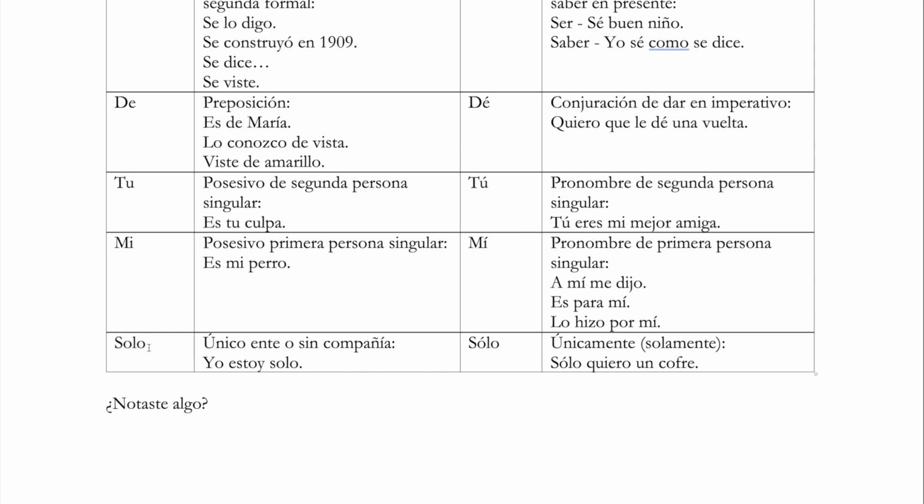So if I were to say, for example, estoy solo con María. I emphasize the verb. Estoy solo con María. I am alone with Maria. Estoy solo con María. I am only with Maria. So that's the difference.